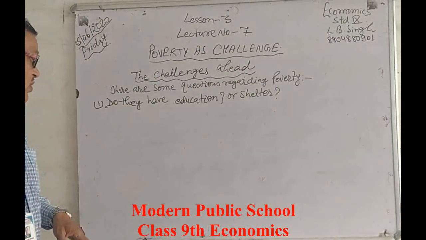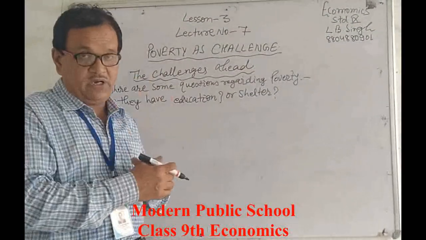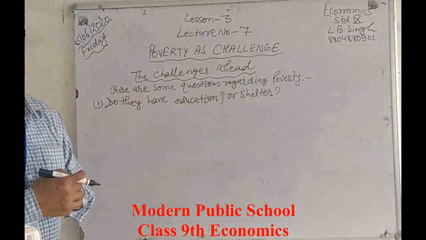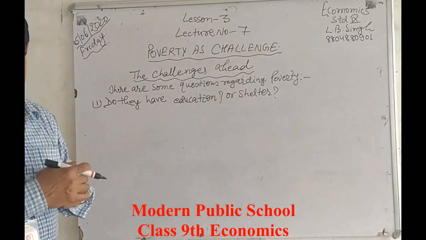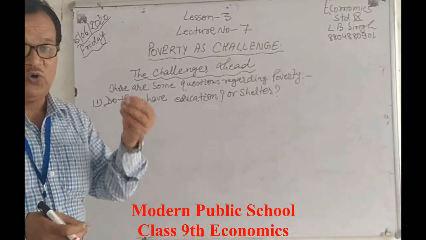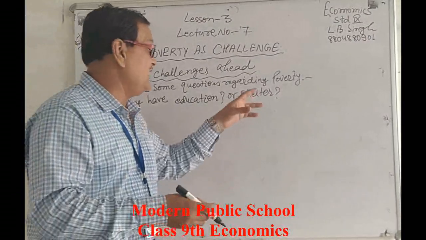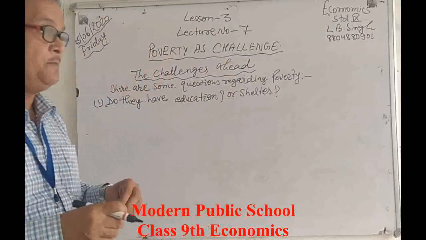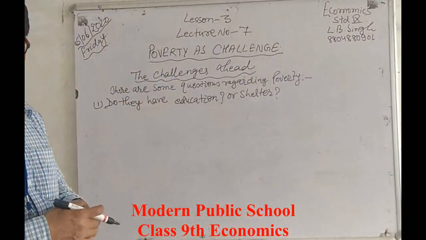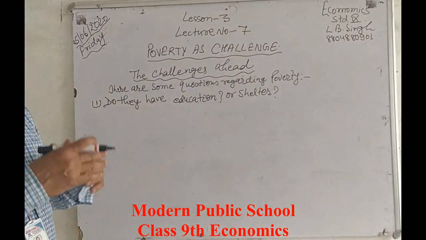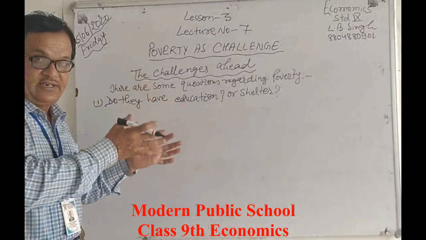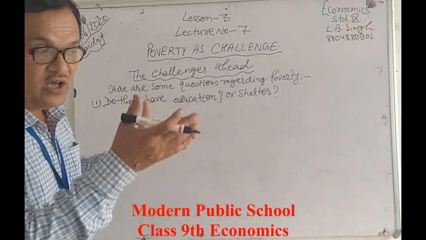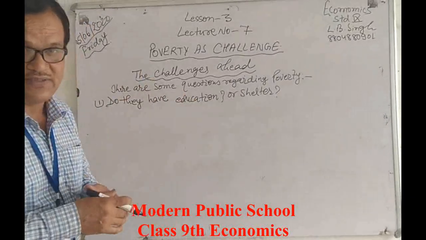Just now I have taught you, if poor people are educated, then they can earn money. If they earn money, they will think about their food, clothes and shelter. So, you know this thing, in slum areas, in the outskirts of urban areas, slum people are living in jhuggis and jhopris.